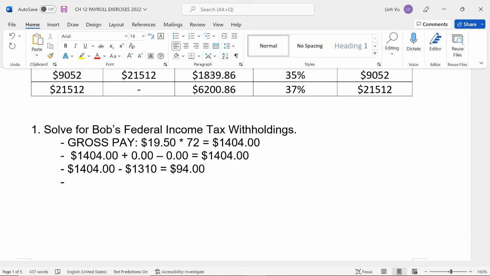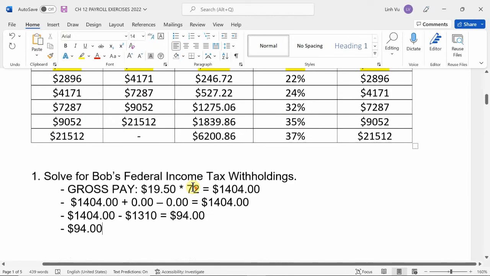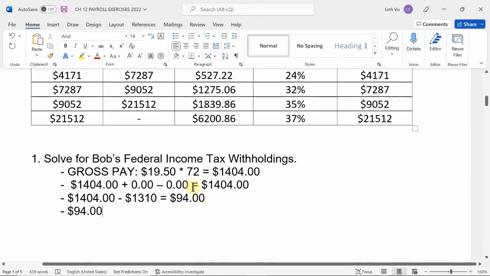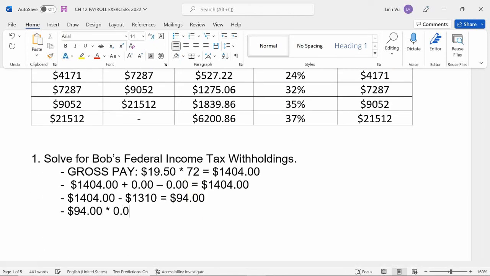With that $94, he's going to be subjected to a 12% tax. So what is 12% of $94?